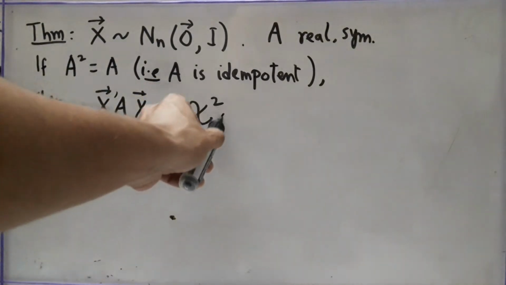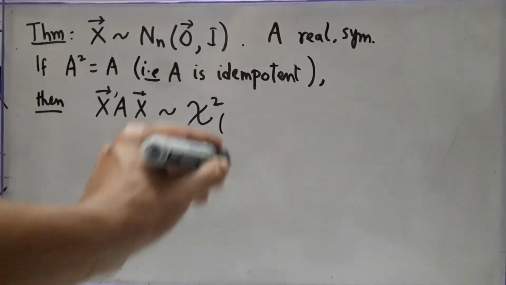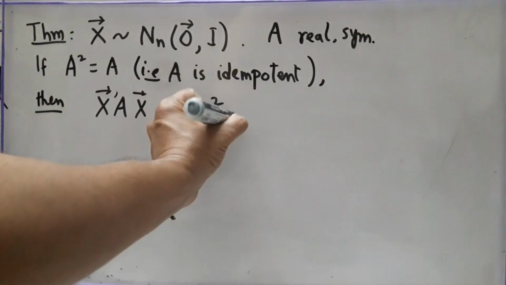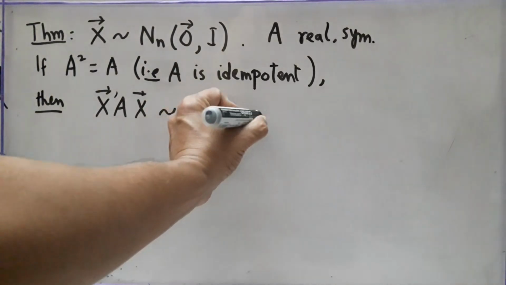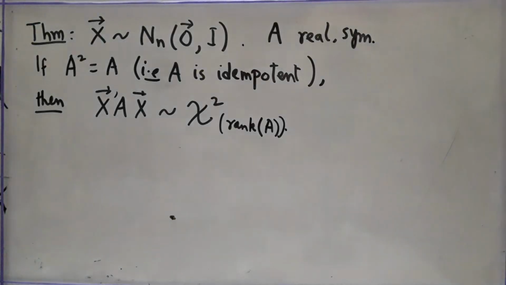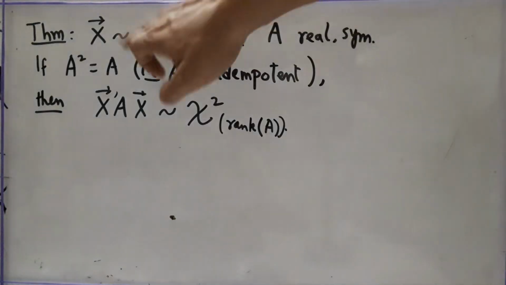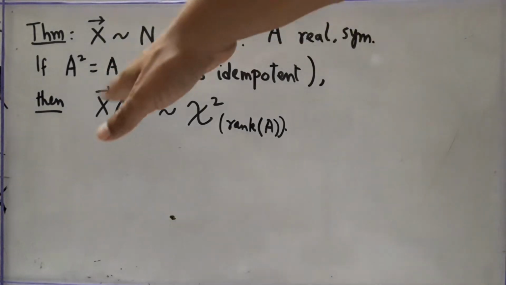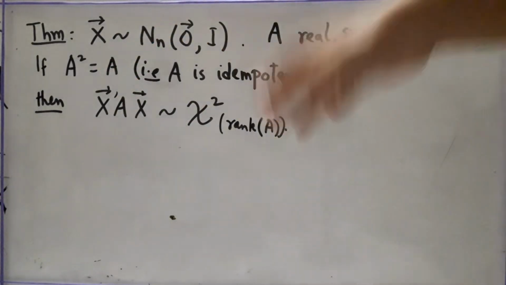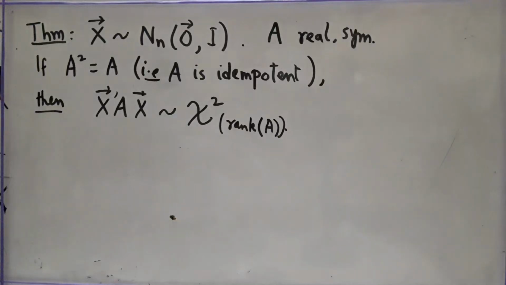So I need to specify the degrees of freedom, and that will be the same as the rank of the matrix A. So A is assumed to be both real symmetric and idempotent. Then this quadratic form will have chi-square distribution with this particular rank.